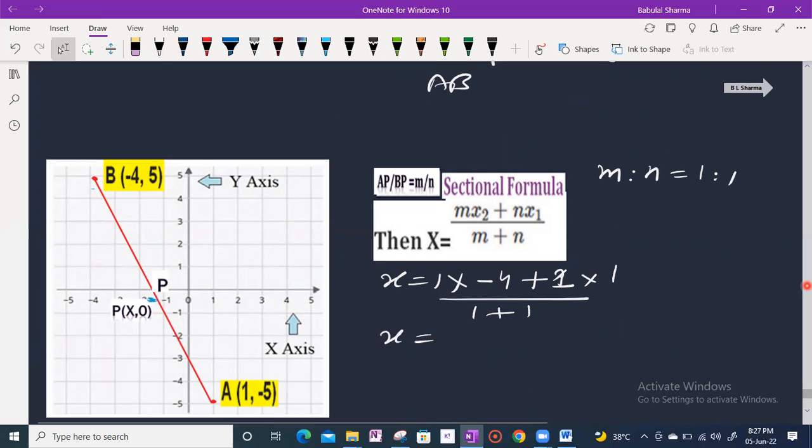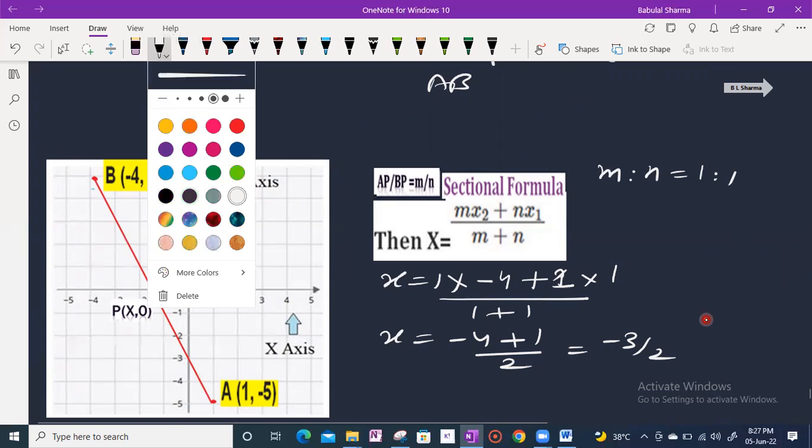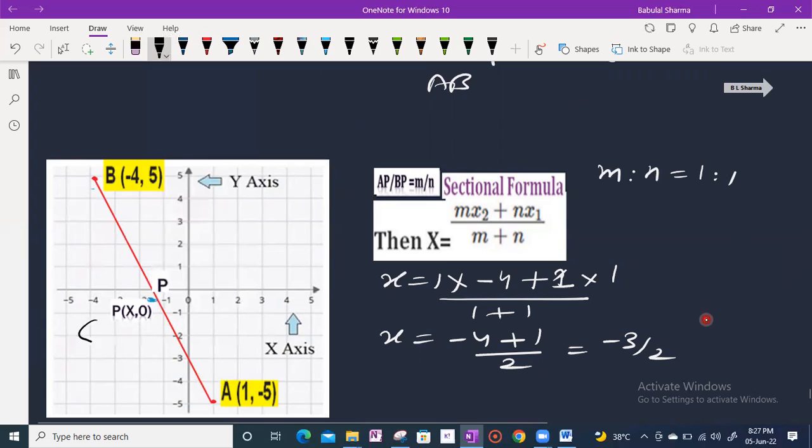So x coordinate will be -4 plus 1 by 2, that is -3 by 2. So x coordinate of this point is -3 by 2. So now the coordinate of point P is -3 by 2, 0, because y is already given.